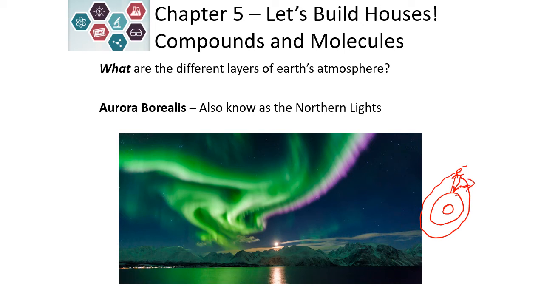So we see that light released as that electron falls back to a lower orbital. This happens because of radiation that collides with the oxygen and nitrogen in the thermosphere layer of the atmosphere.